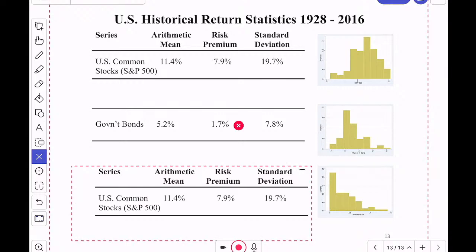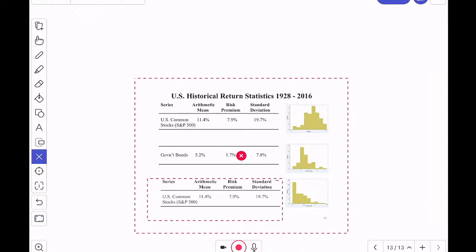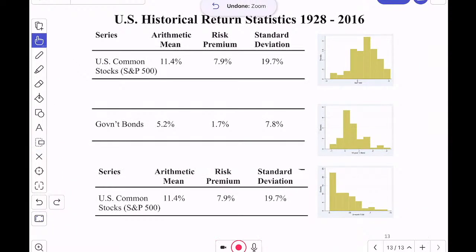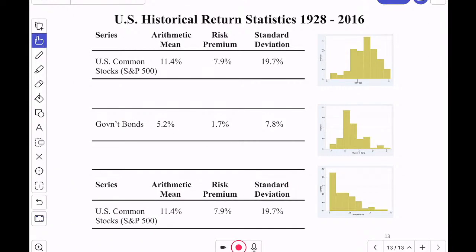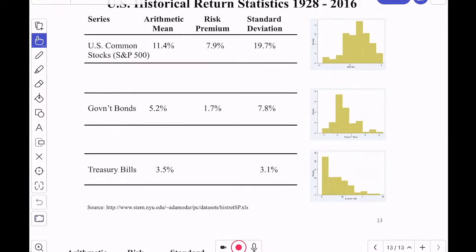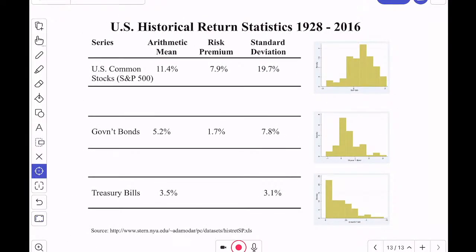I can't get rid of it. Just get rid of it that way. All right, back to this.